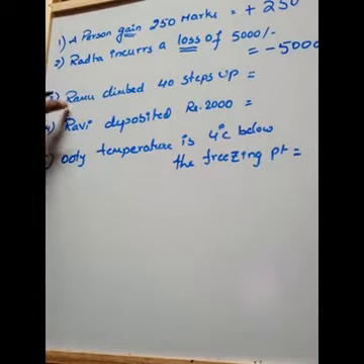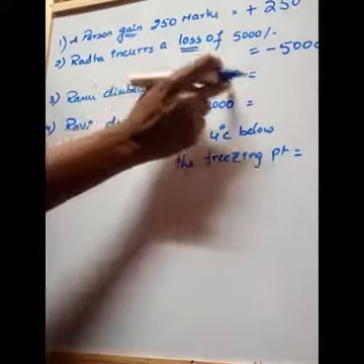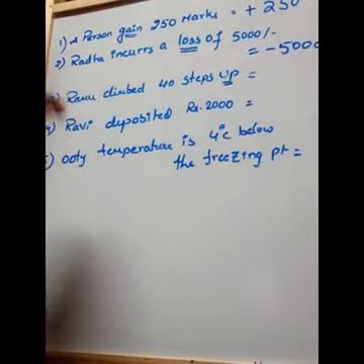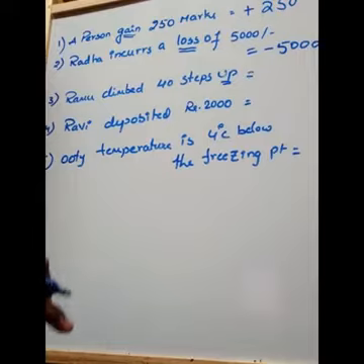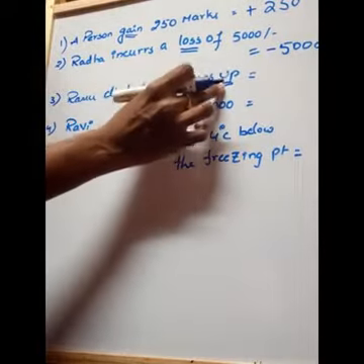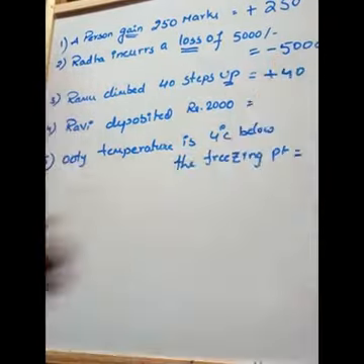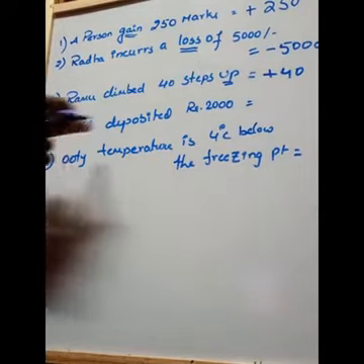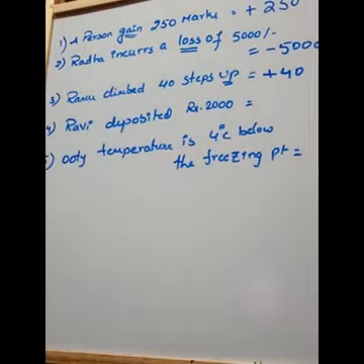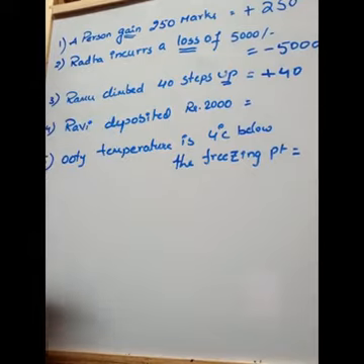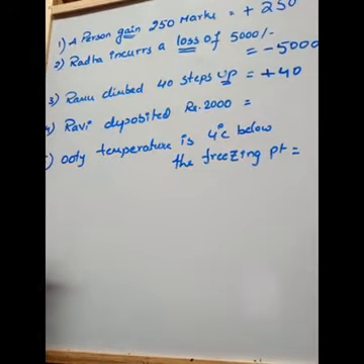Next statement, Ramu climbed 40 steps up. Here you observe this word up. Up is positive, down is negative. Here 40 steps up means you have to write the integer as plus 40. Ravi deposited 2000 rupees. Deposit is positive. Withdrawn or debit is negative.